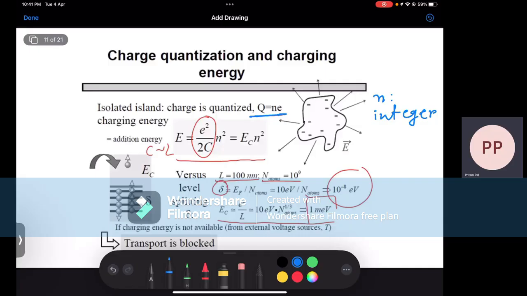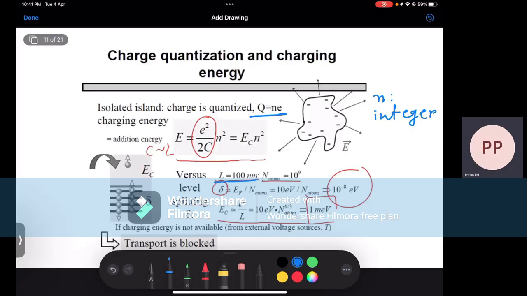So what are some of the typical energies that we could encounter? Let's say we consider a 100 nanometer island. I told you the wavelength in the 2DEG is 50 nanometers, so this is of the order of the wavelength in a 2DEG.